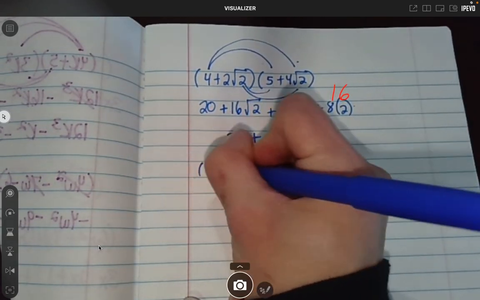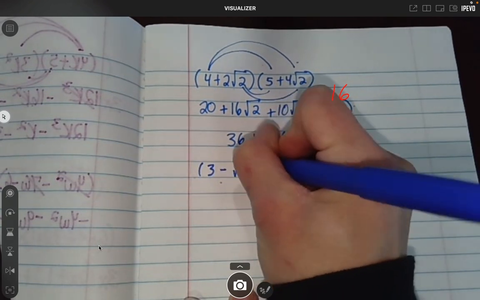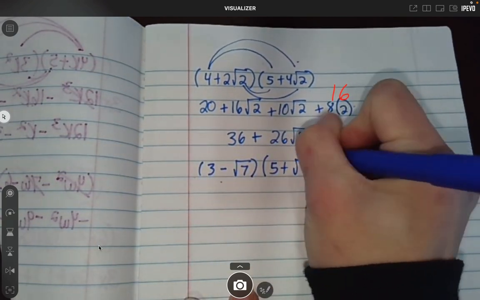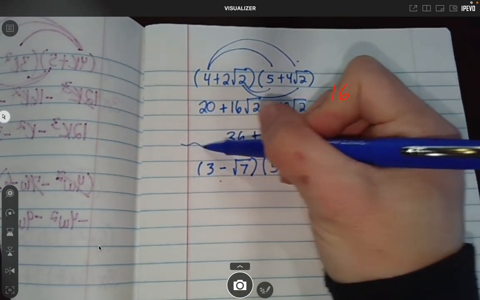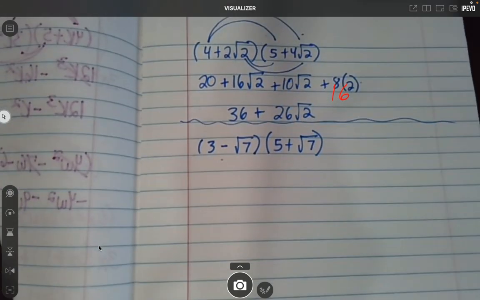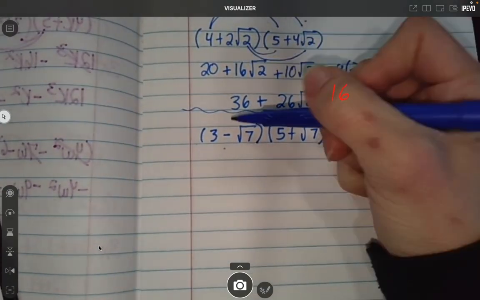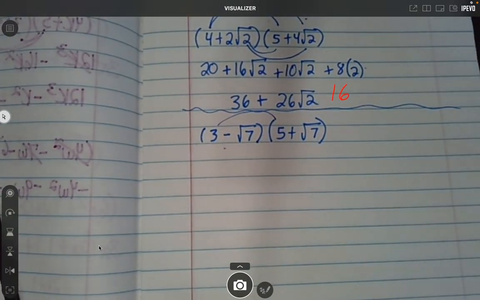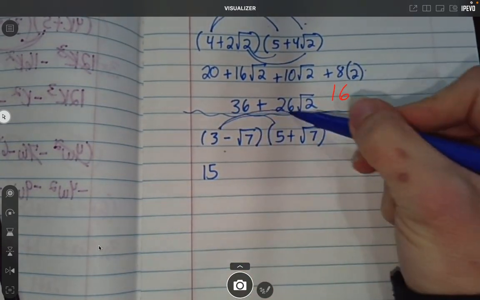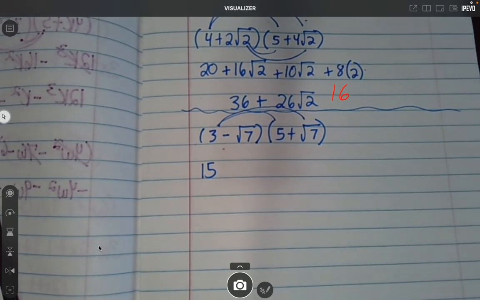If I have 3 minus the square root of 7, and then 5 plus the square root of 7. Let me put a little line so it doesn't get confusing. What is 3 times 5? 15. And then we have 3 times the square root of 7.